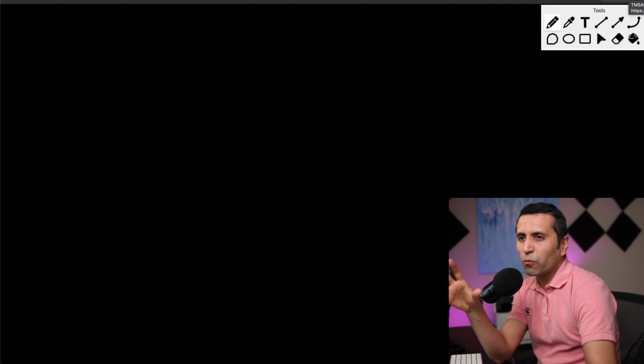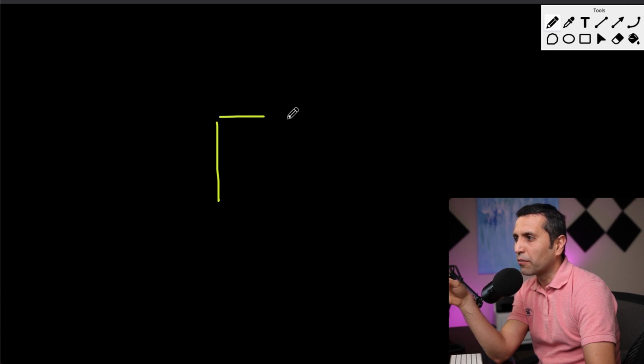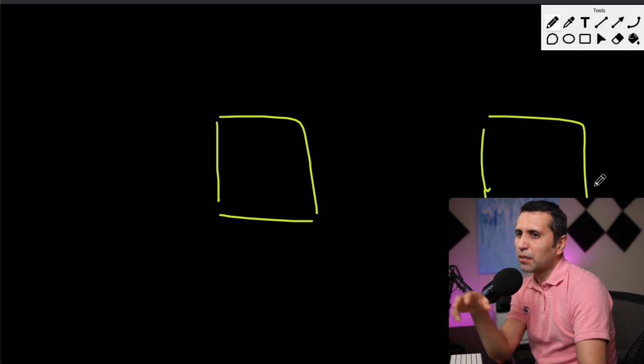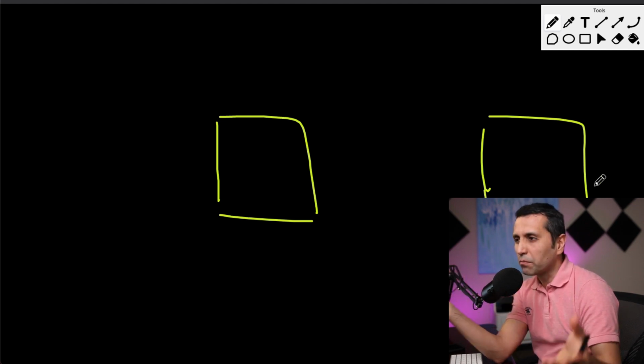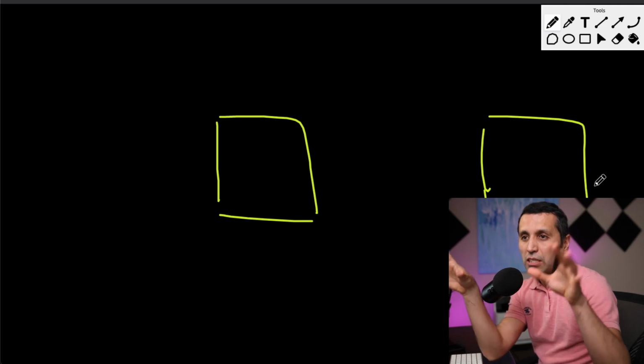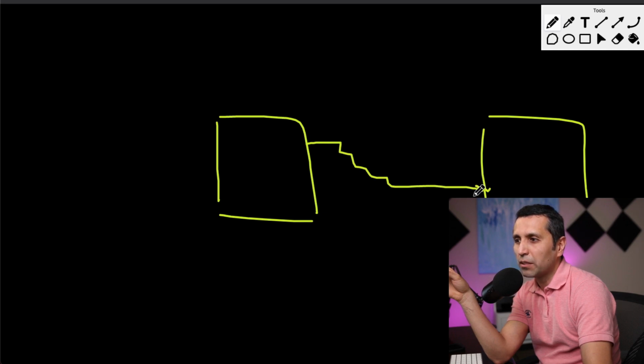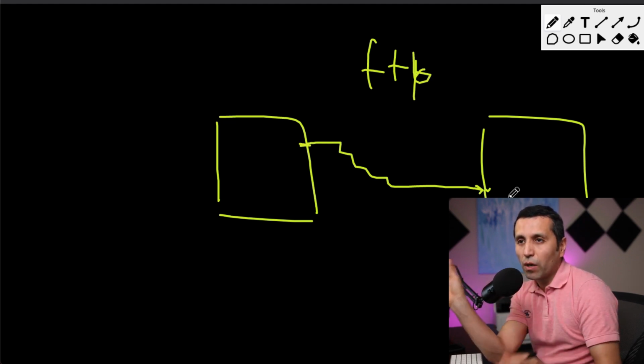Just keep in mind, whenever we have two devices, imagine I have computer 1 and computer 2, whenever we talk about a device, you just think about a simple computer, or it's my server, or just two devices connected to each other. And whenever we say that we have an FTP connection between them, that means they have special ports and they can transfer files from one location to another.